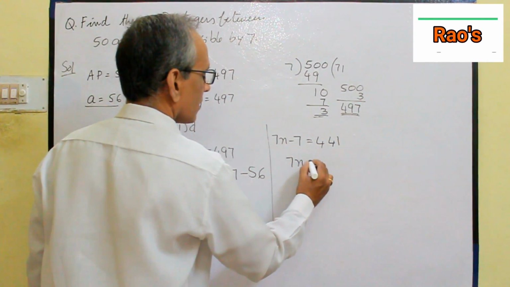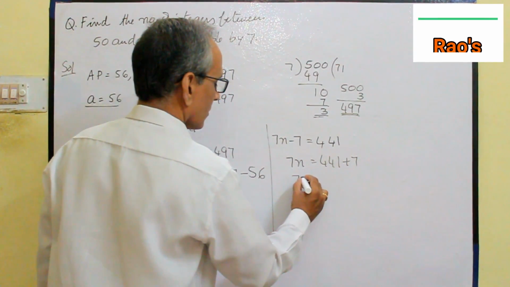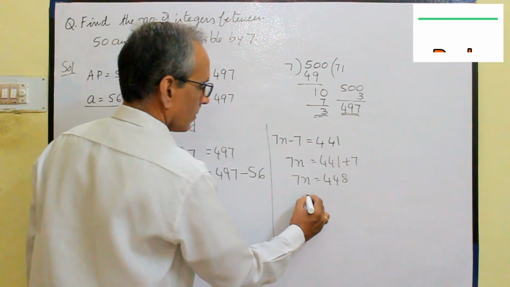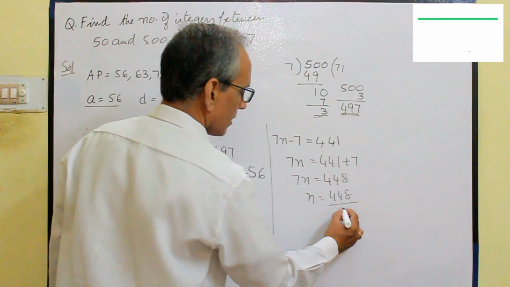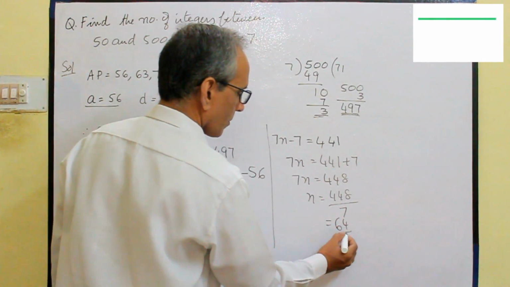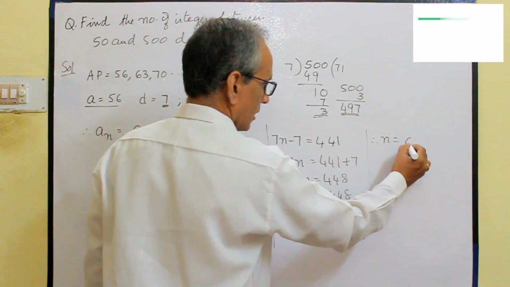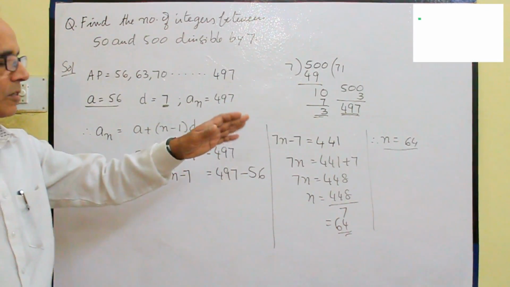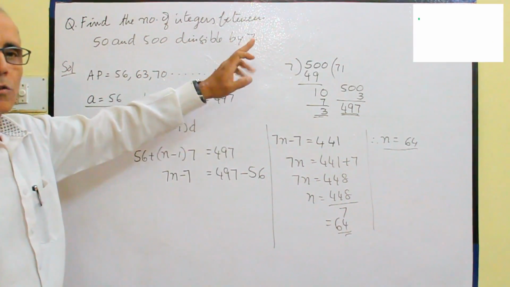So 7n is equal to 441 plus 7, 7n is equal to 448, then n is equal to 448 by 7, which gives 64. Therefore, n is equal to 64. So what we can infer finally, there are 64 terms in between 50 and 500 which are divisible by 7.